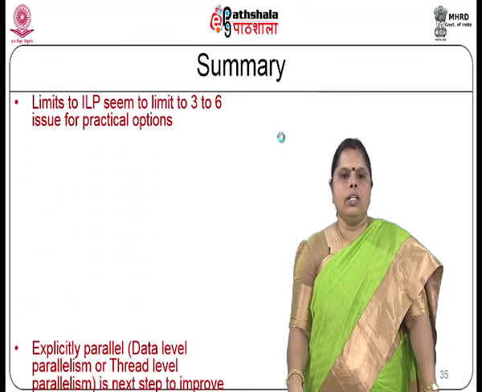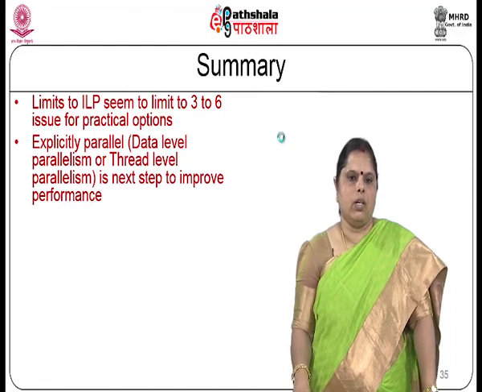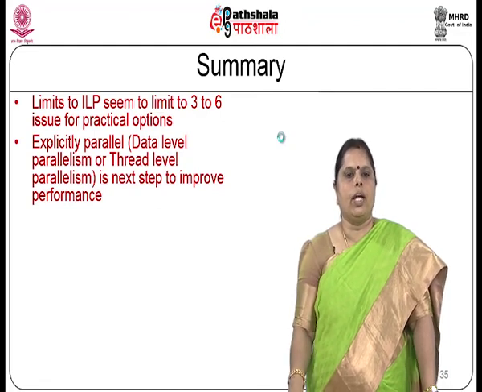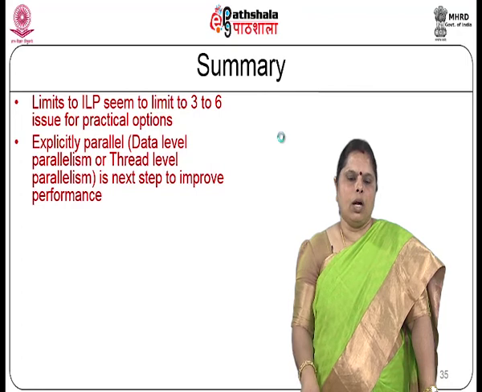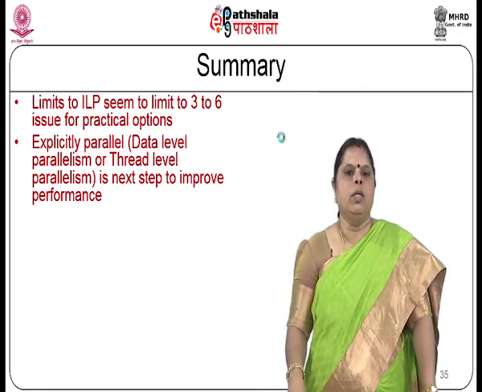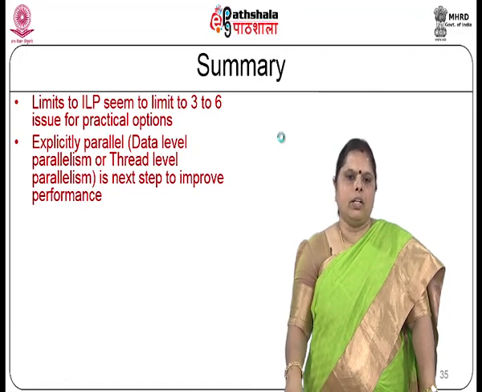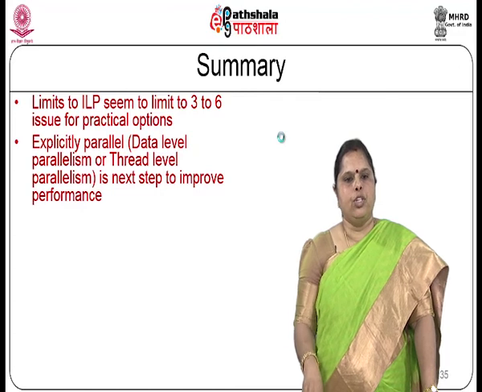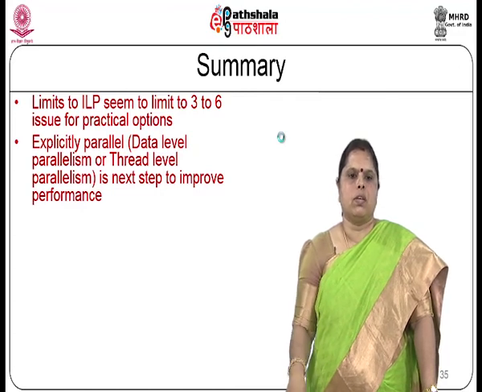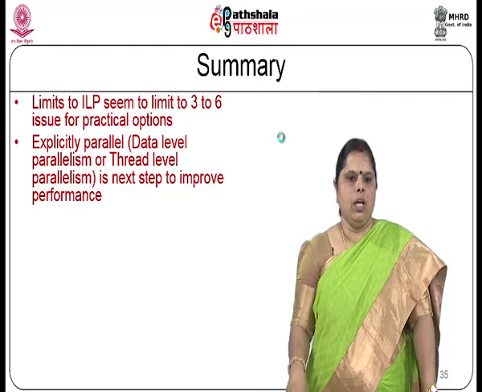So, to summarize, we pointed out the limitations to instruction level parallelism. In spite of looking at different techniques, both hardware as well as software techniques to exploit instruction level parallelism, there is a limitation to ILP, and people have identified that it is not possible to issue more than 3 to 6 instructions every clock cycle, even with lots of ILP being exploited.